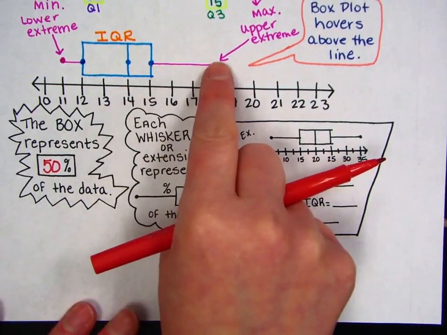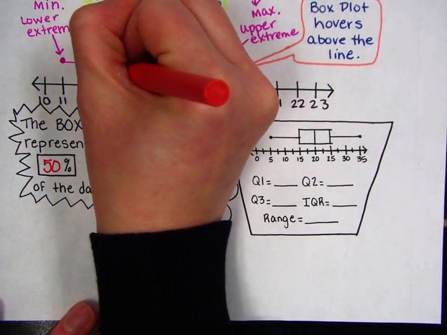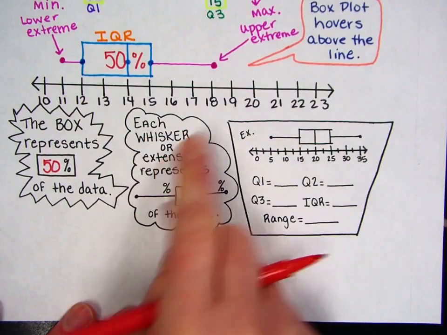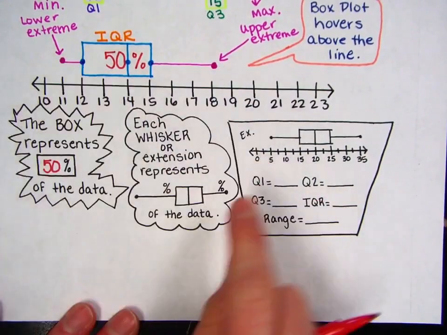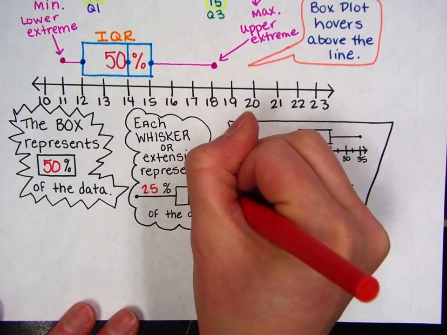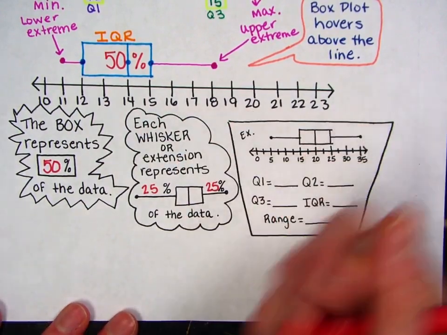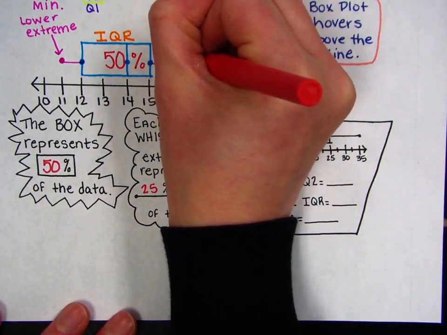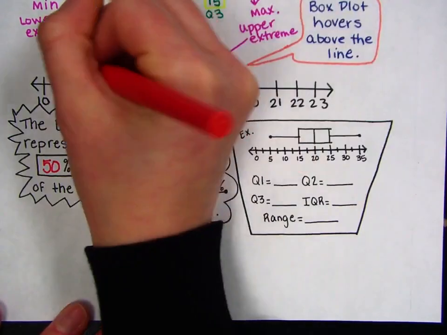Then each little whisker, I'm going to write this in the box because why not? Each whisker or extension represents 25%. Naturally, all percents are out of 100, so if we deduct the 50, we're left with another 50. And then we have 2 items to split it between.